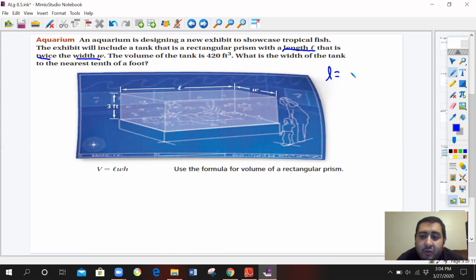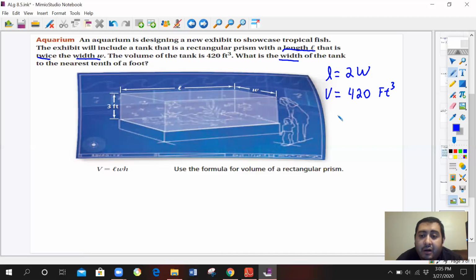L is going to be twice your W, based on the information provided to us. The volume of the tank is 420 cubic feet. So you have your volume of 420 feet cubed. What is the width?